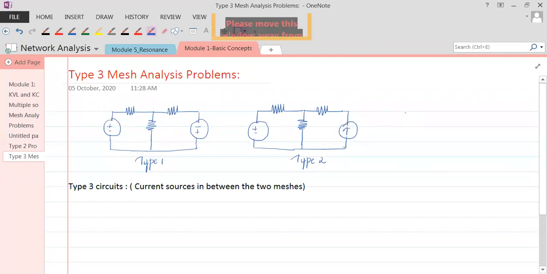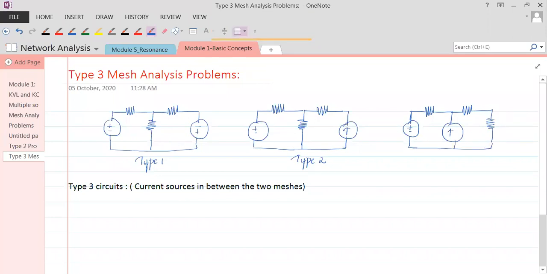See here, everybody just observe. We can have any number of meshes, not a problem. But see where the current source would be. Something like this can happen. So instead of the resistor, you can even have a voltage source, not a problem.